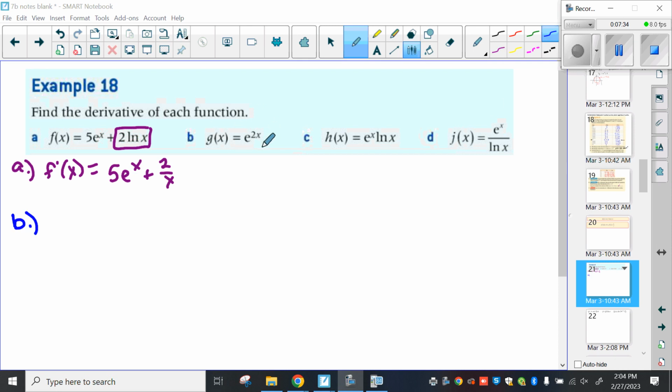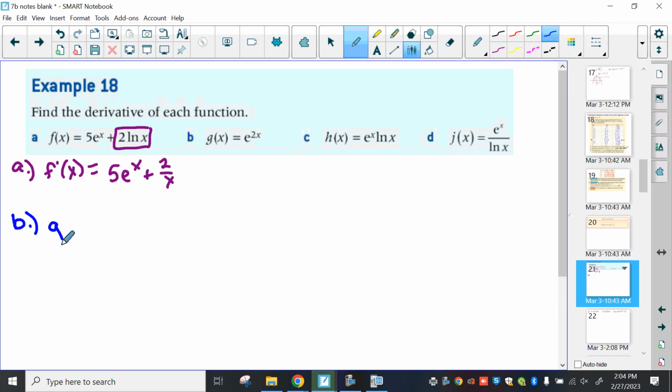For the second one here, this one ends up using the chain rule because you have to chain on the derivative of the exponent. So if the exponent had like a 2x plus 1 or something along those lines, you have to take the derivative of that. So therefore, g prime of x equals e to the 2x, and then chain on the derivative of the exponent, which is 2.